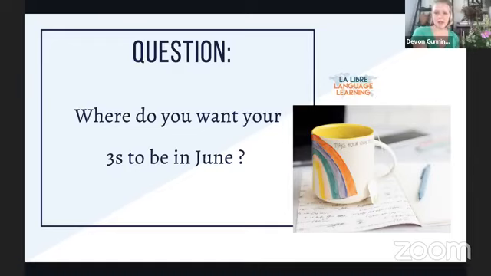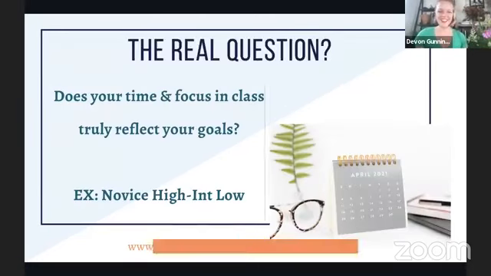Do you want them to hit a certain level of proficiency? Do you maybe want them to have a certain understanding or perspective of the world? Tell me in the comments. Here it is. Don't mind the noise. All right, good. So tell me in the comments below, where do you want your 3s to be by the time June rolls around? Hi, y'all.